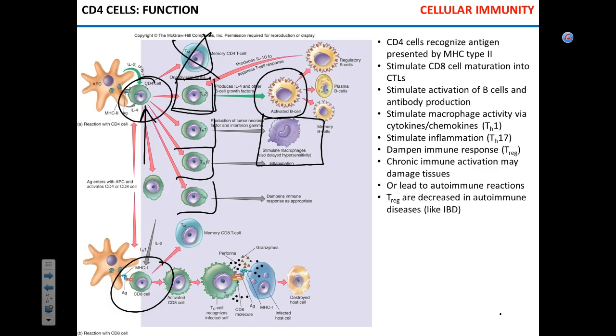Okay? So, will macrophages phagocytose without CD4 cells? Yes, but not as good. Will B cells produce antibodies without CD4s? Yes, but not as good. Does that make sense? Will CD8 cells mature?